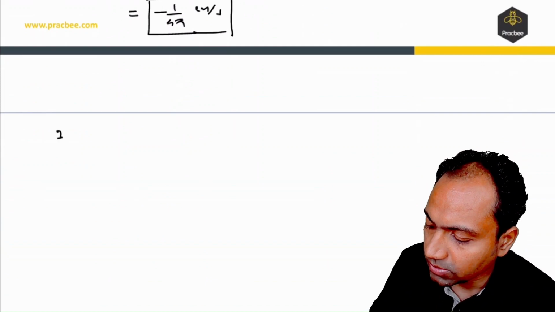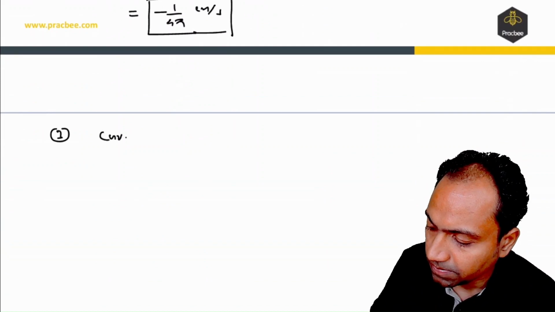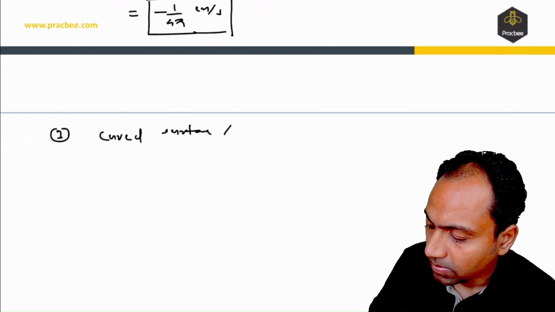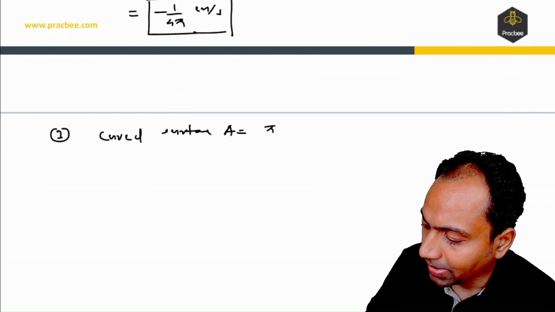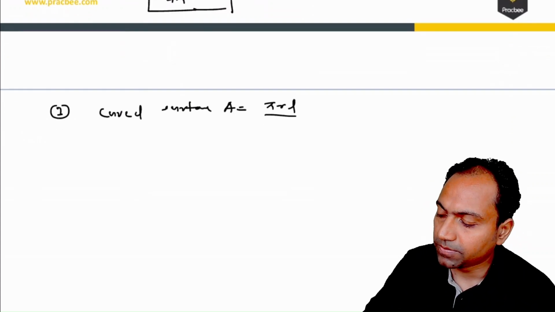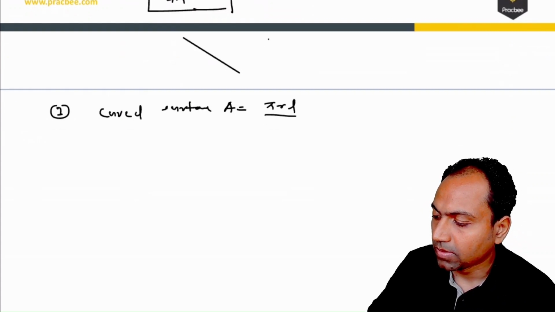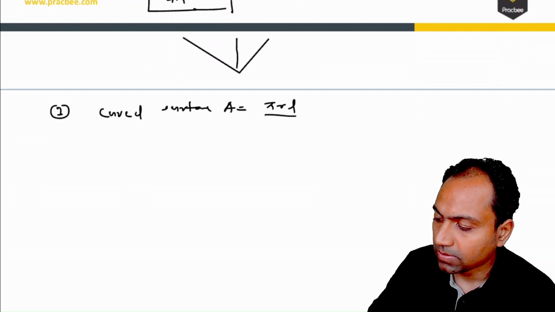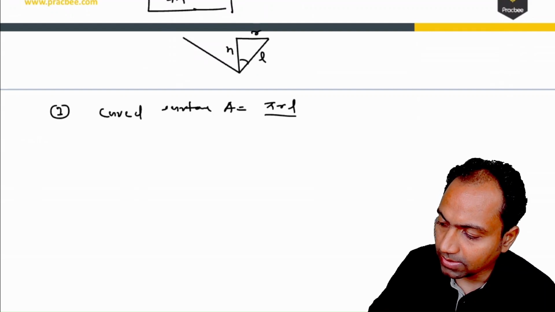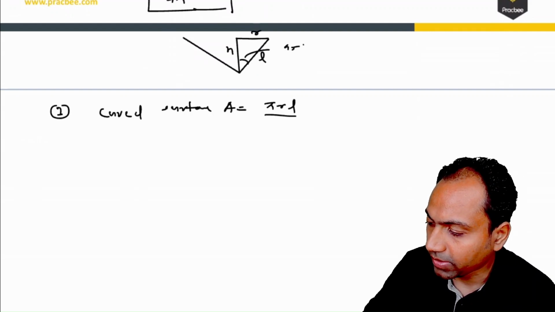If I use the curved surface area, it is nothing but pi r L. You can see that at an instant in this triangle, this is r, this is s, this will become L, and this angle is 45 degree.